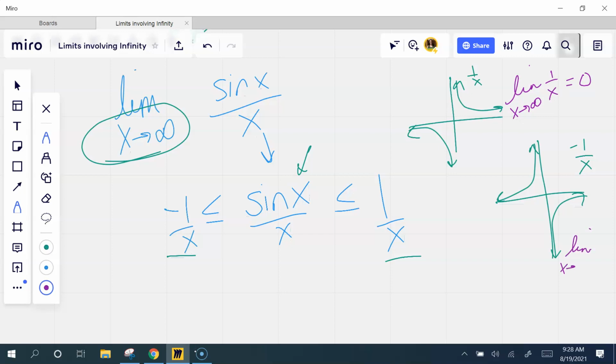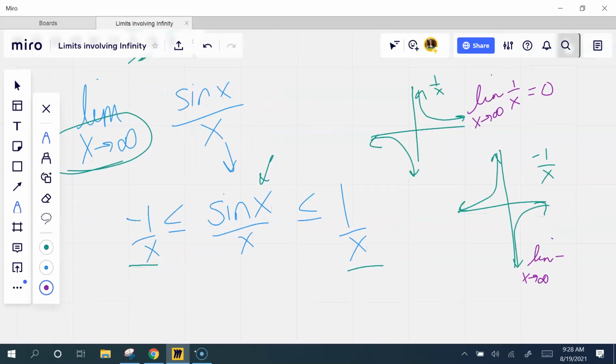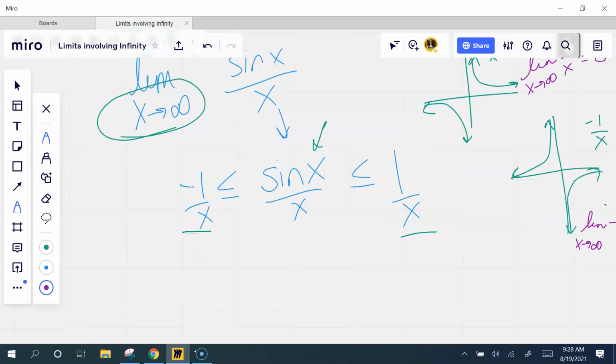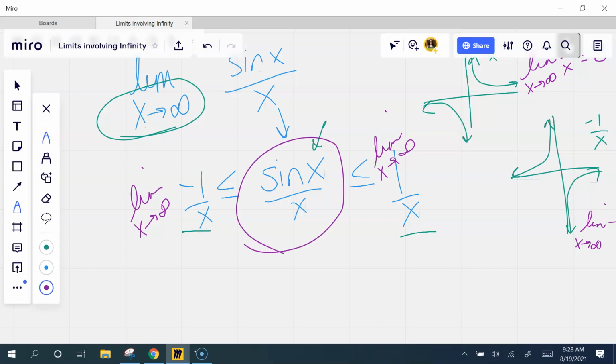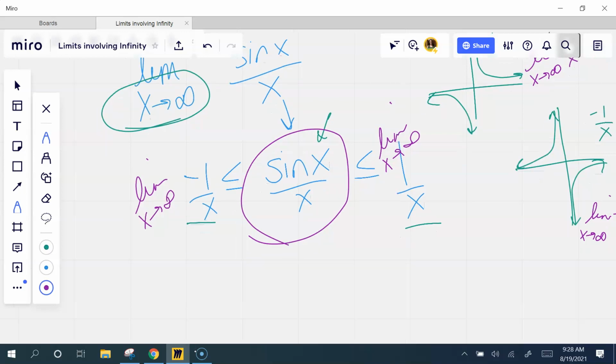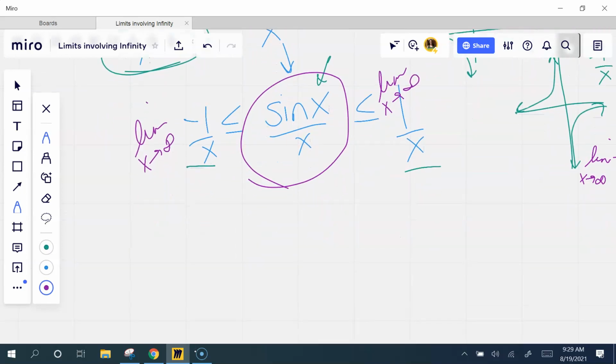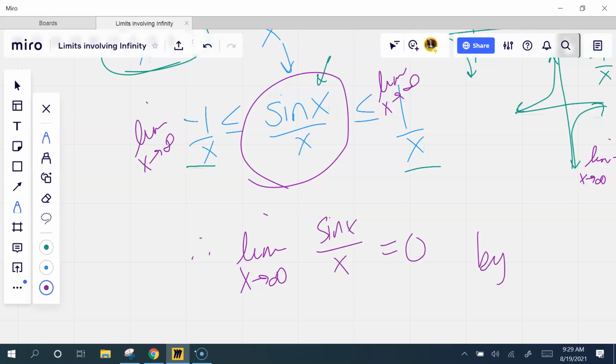What's the limit as x goes to infinity of negative 1 over x? So the limits are the same, which means whatever they are has to be the same as this by the sandwich theorem. Therefore, the limit as x goes to infinity of sine x over x equals 0 by the sandwich theorem.